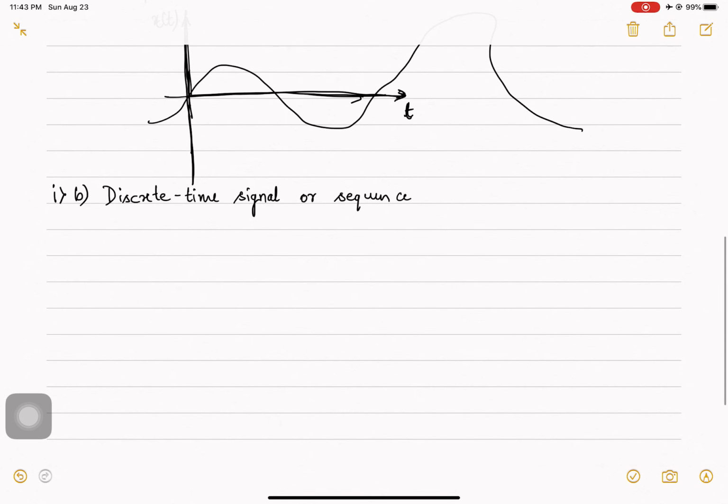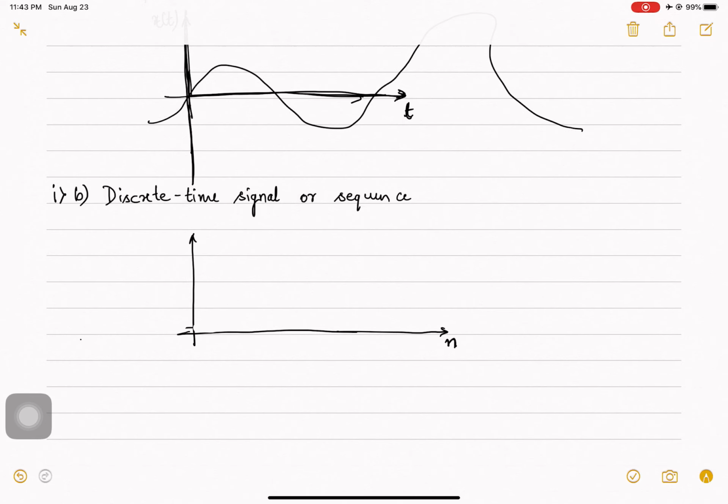Here I have two axes, and the convention is to use the term n for the x-axis.